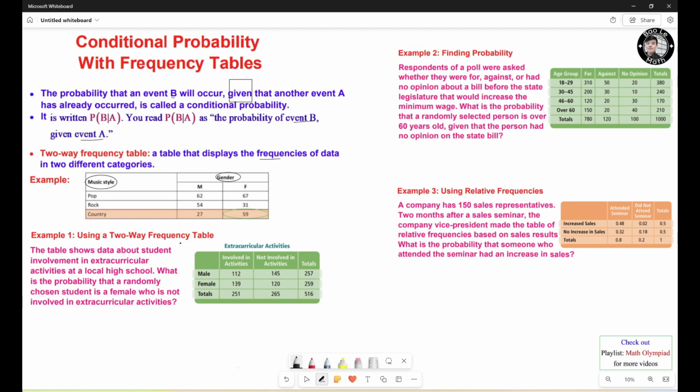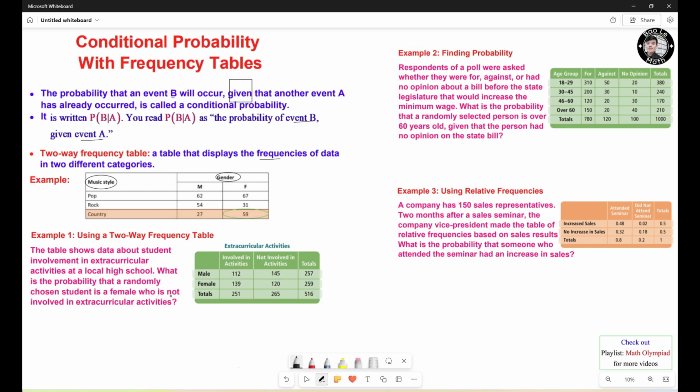Using a two-way frequency table. The table shows data about student involvement in extracurricular activities at a local high school. What is the probability that a randomly chosen student is a female who is not involved in extracurricular activities? Alright, so we're going to use relative frequency to calculate the probability.